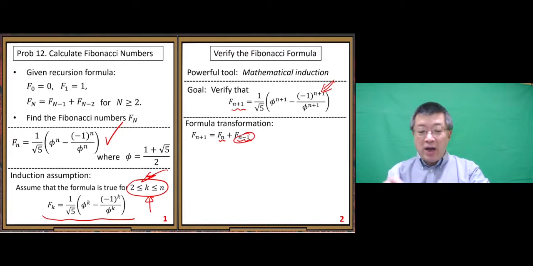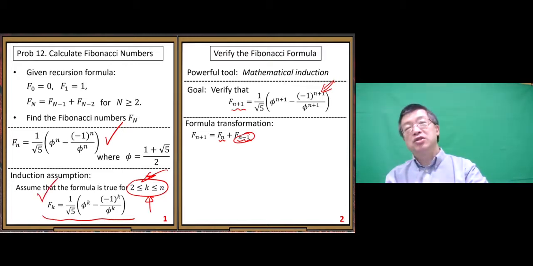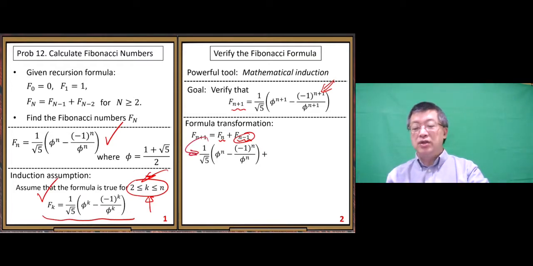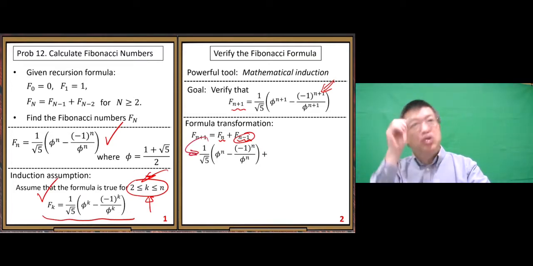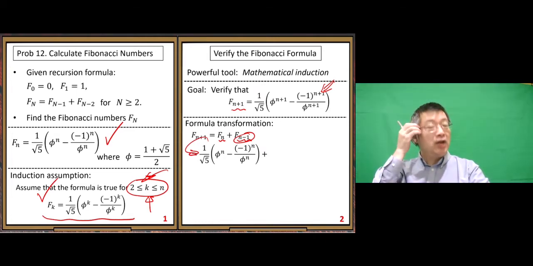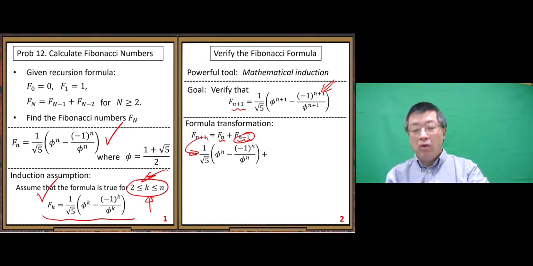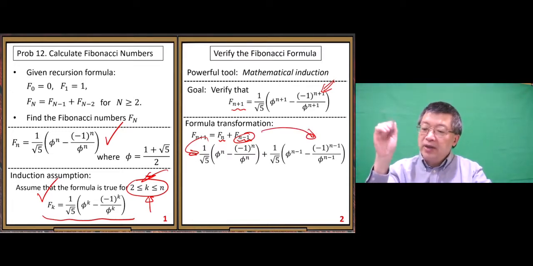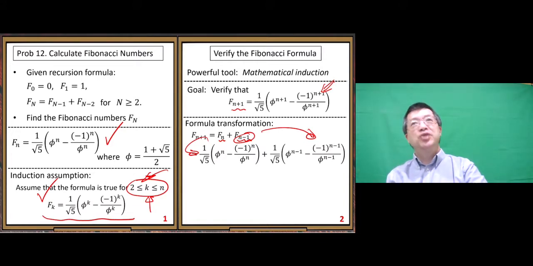So we can apply mathematical induction directly here. The first one by the induction assumption, to be more precise, and the second by the induction assumption another time. So we should have that.